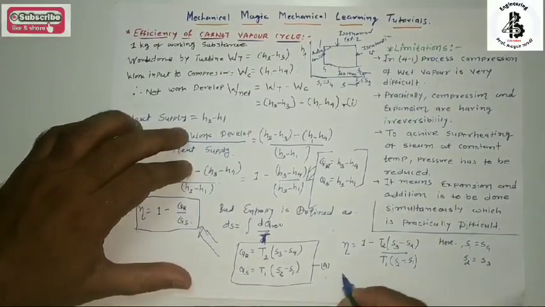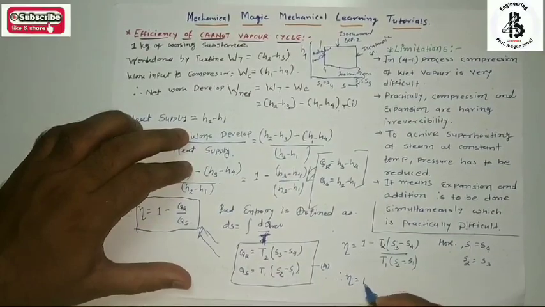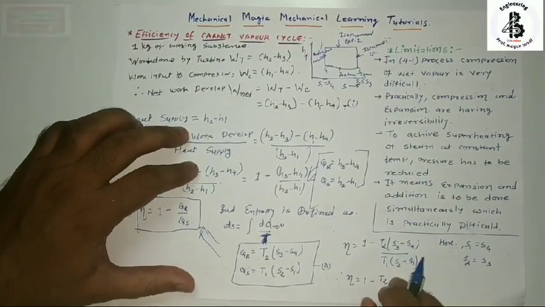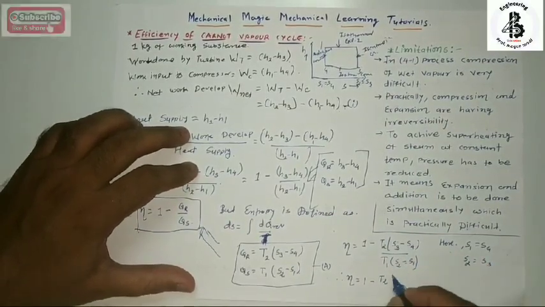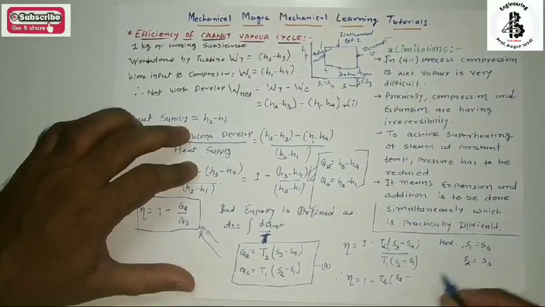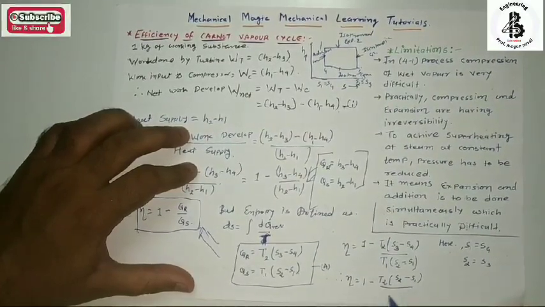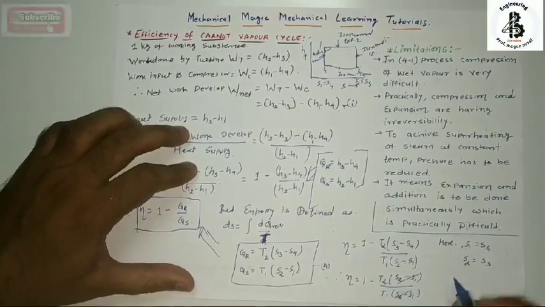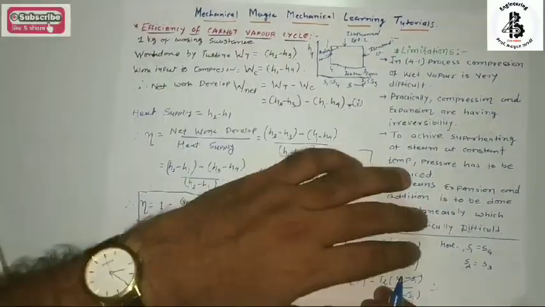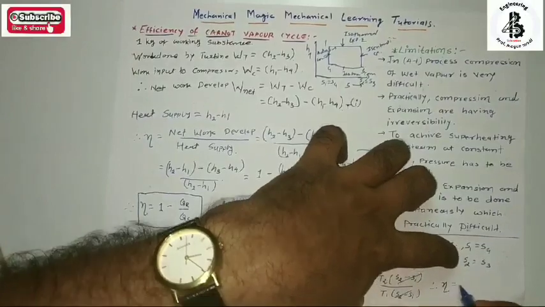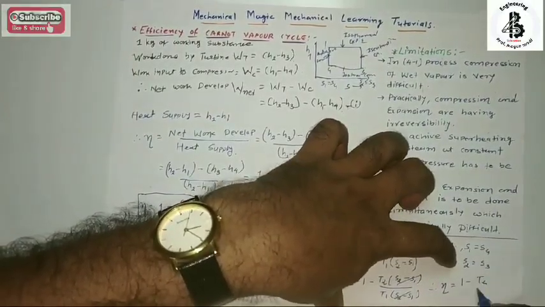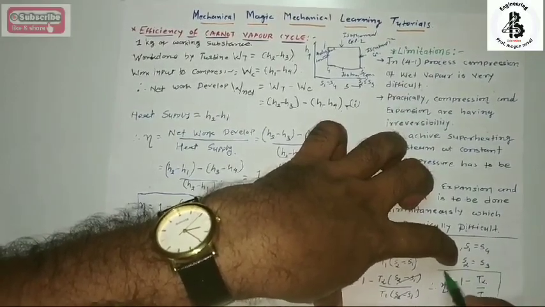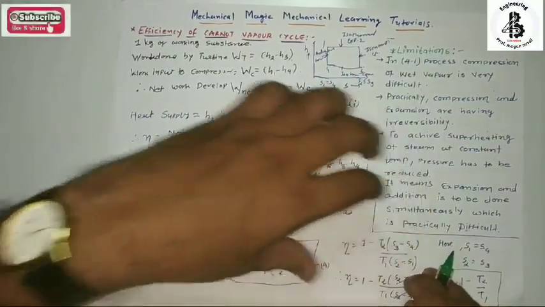So just changing, it should be modified like this: 1 minus T2, S3 will be equal to S2, so S2 minus S1 divided by T1, S2 minus S1. So that should be cancelled out, and finally you will get the efficiency of a Carnot vapor cycle: 1 minus T2 upon T1. So that is the simplest form of the efficiency of the Carnot vapor cycle.